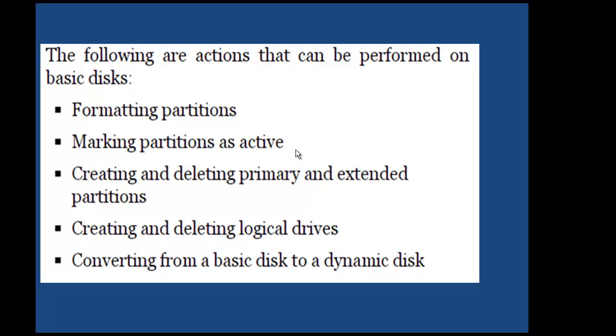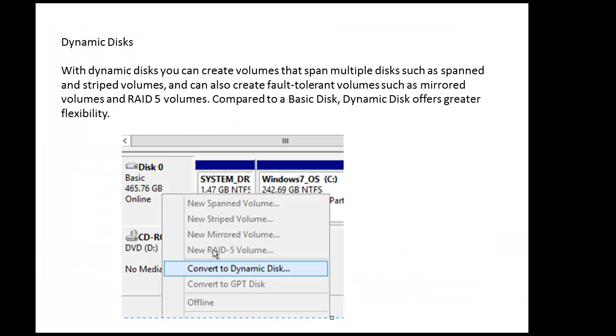What I might want to do is to divide that partition into C, D, and E, 3 separate partitions. Remember that with a basic disk, you can have 3 primary and 1 extended, or you can have 4 primary. You're able, using the basic disk, to create and delete any logical drive. And again, like we saw just now, we can convert the basic disk to the dynamic disk.